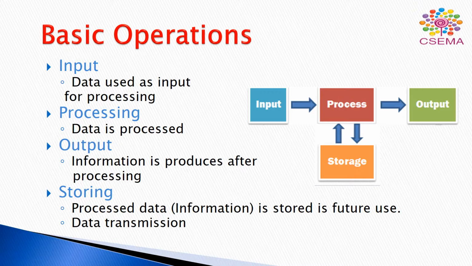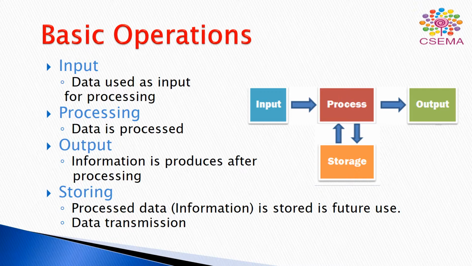Now the basic operations of the computer system. The first basic operation of the computer is input, which is used to feed data into the computer for processing by using input devices. The second operation is processing.